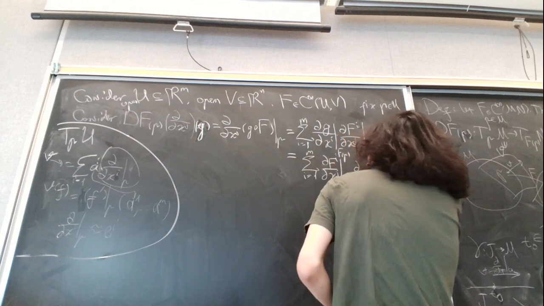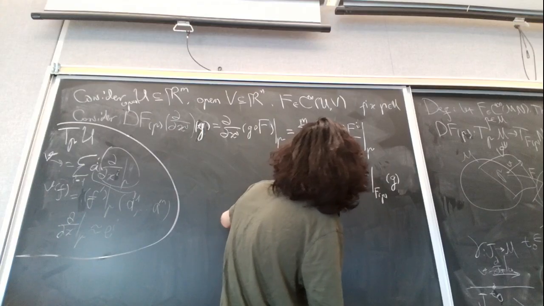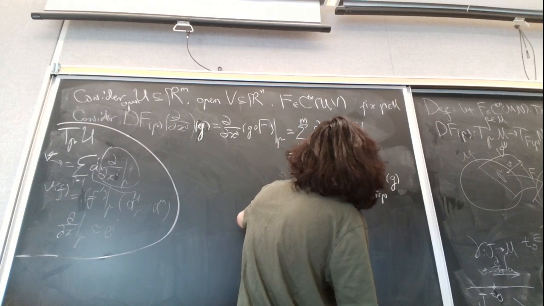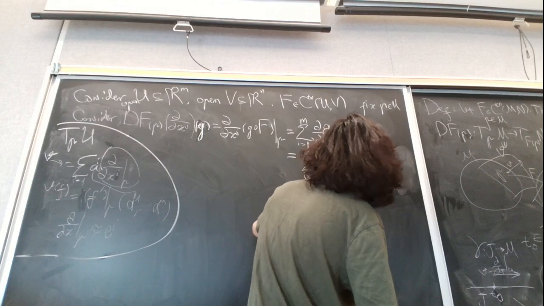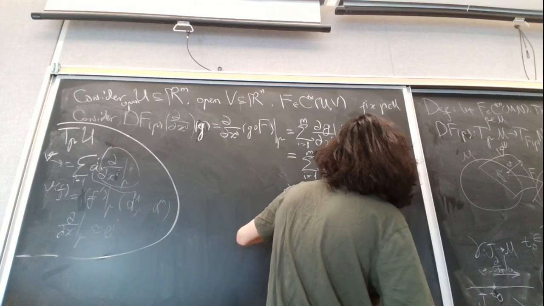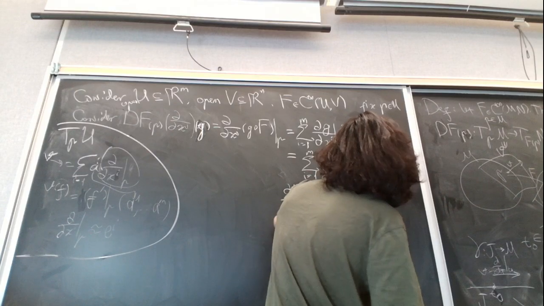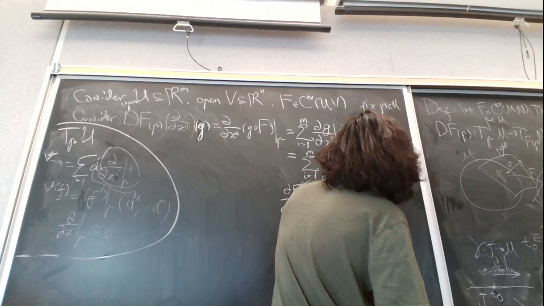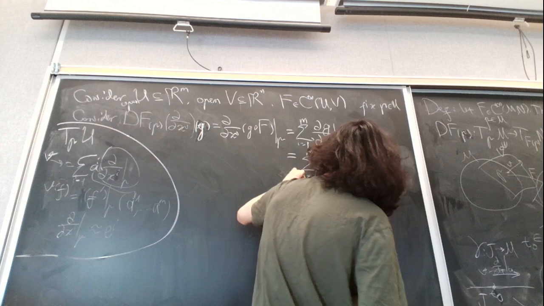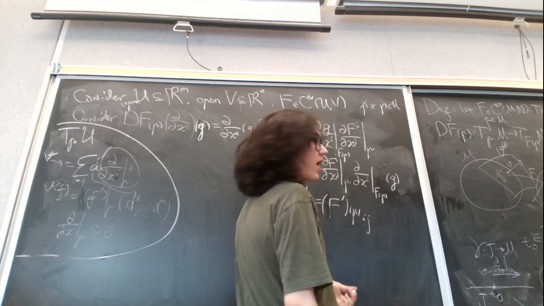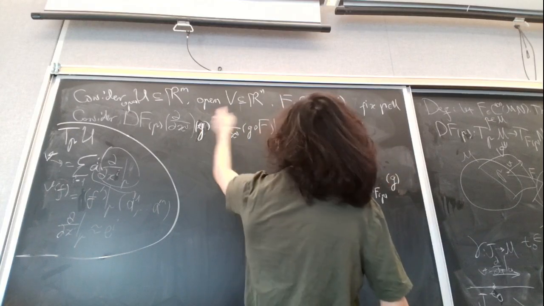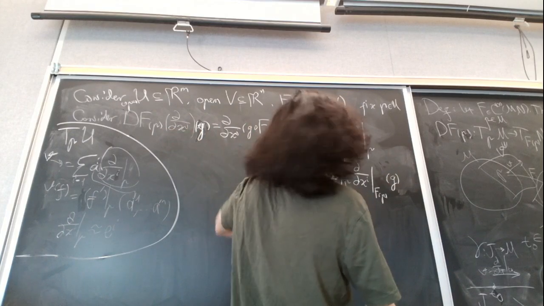And then what we're going to notice is that d fi dxj at p is just the Jacobian entries. I'm going to write f prime at p, and this is like the ijth entry. Maybe write df. Well, I don't want to write df because then we're trying to find df.